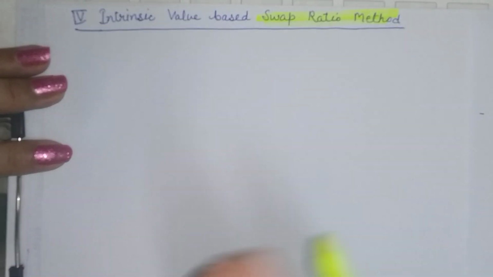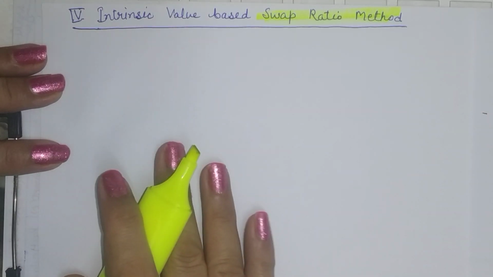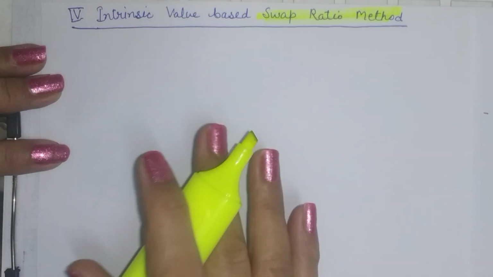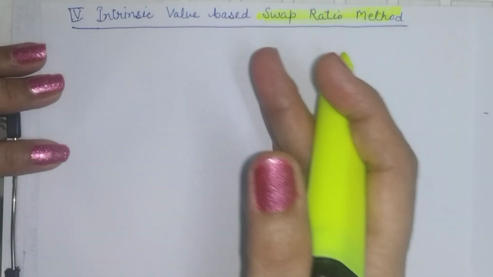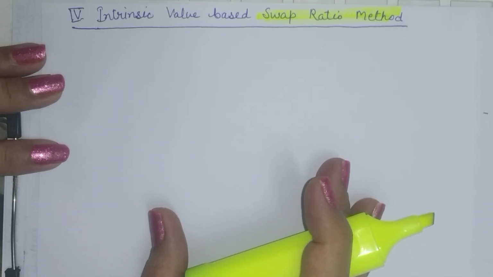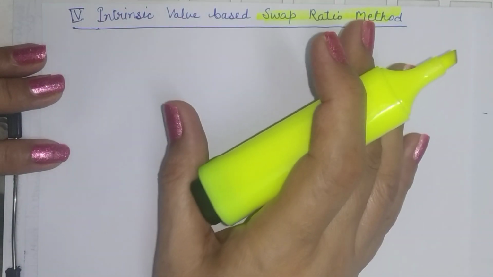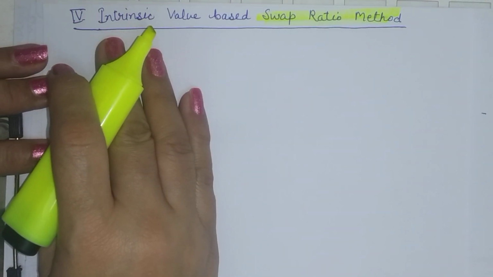So we were given the swap ratio and accordingly we measured purchase consideration. But in this case, we need to determine that ratio. So you can say that it is a kind of extension to that method. That is, we will be using the swap ratio to determine purchase consideration, but we need to determine that swap ratio through the intrinsic value of the shares.